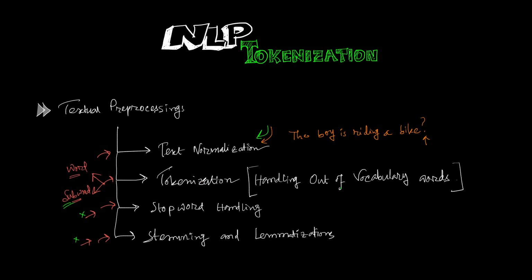All these punctuation marks and all the unnecessary symbols, like if we have a sentence like, I have $50 in my pocket. In this case, this dollar sign is an unnecessary symbol. So these punctuations and unnecessary symbols will be removed from our text.